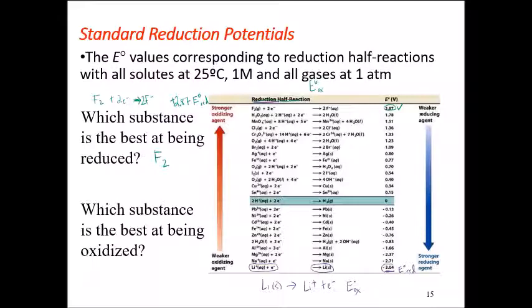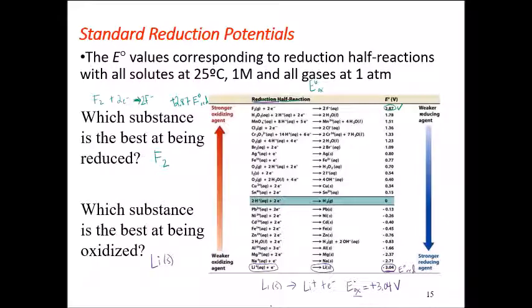So all we have to do is change the sign, so this is going to be a positive 3.04 volts. The ones that are the most negative on the standard reduction potentials, when you flip them and they become oxidation reactions, end up being the best at being oxidized. So lithium is a great reducing agent, fluorine is a great oxidizing agent, but lithium is going to be the best at being oxidized here.